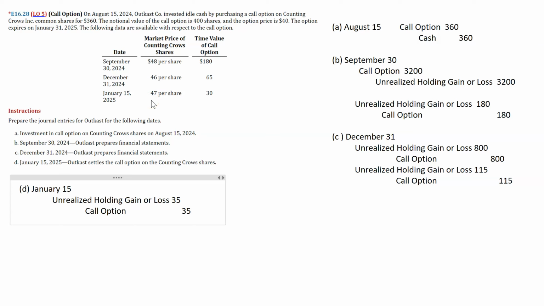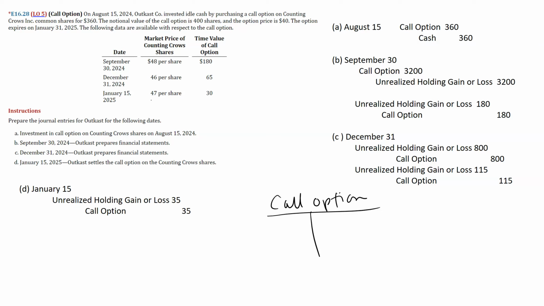So now we will do a quick T account to see what the call option balance is so far. When we first purchased the call options on August 15, the option debit amount was $360, and then on September 30th, the call option value increased, and we recorded a debit amount of $3,200.